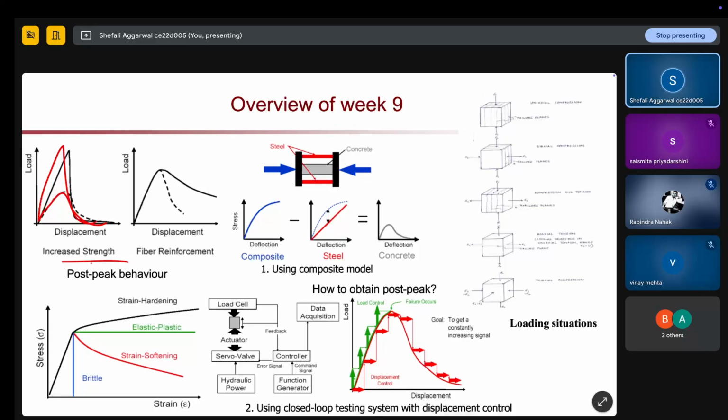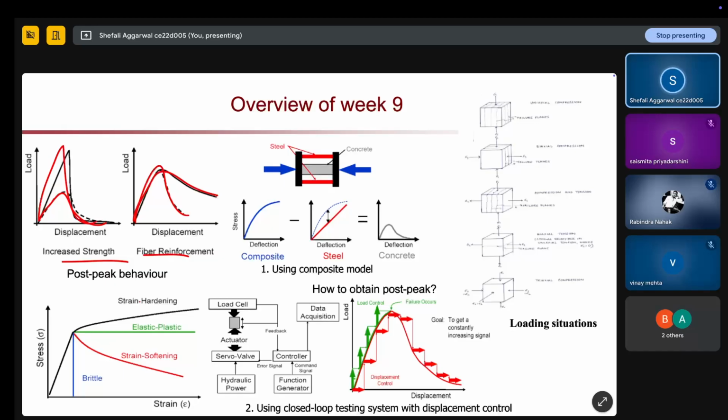Another thing is, if you change the type of concrete, instead of using normal concrete, this is your normal concrete curve. If you add some fibers to it, they will stop the cracks from opening. So in that case your post peak behavior will change in this way.